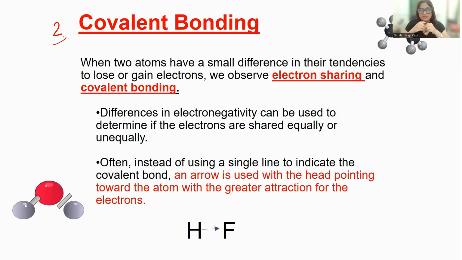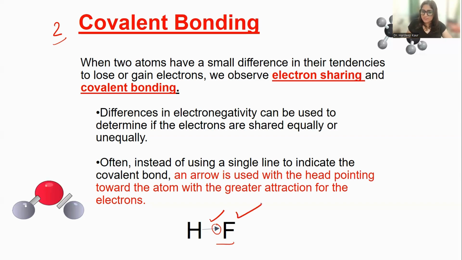The difference in electronegativity can also be used to determine whether the electrons are shared equally or unequally. Often, instead of a single line to indicate a covalent bond, an arrow can be drawn. The arrowhead points towards the atom with the greater attraction for the electrons.